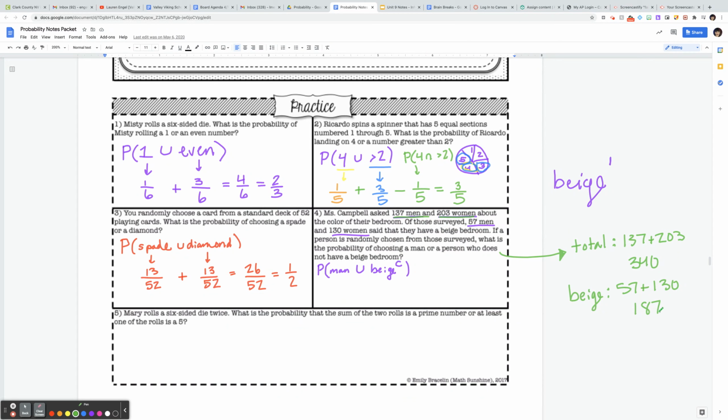Now my only two options in this survey are, do you have a beige bedroom or do you not. So the way I can figure out how many people don't have a beige bedroom is to subtract the number of people who do have a beige bedroom from the total. I have 340 minus 187, and that gives me 153.